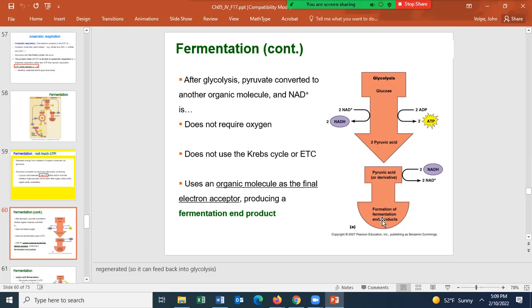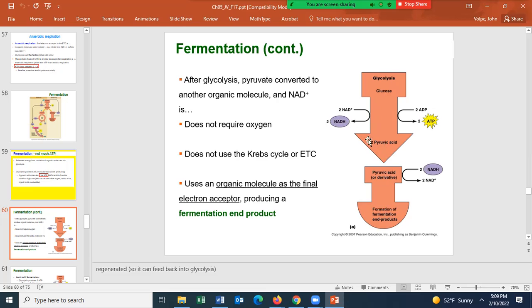The electrons do move from glucose, and then we generate NADH, and the electrons from glucose are going there. The electrons are flowing from glucose to an organic molecule as the final electron acceptor.